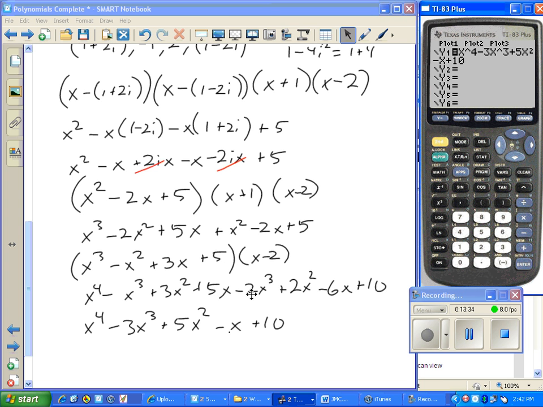Minus 2x cubed plus 2x minus 6x plus 10.